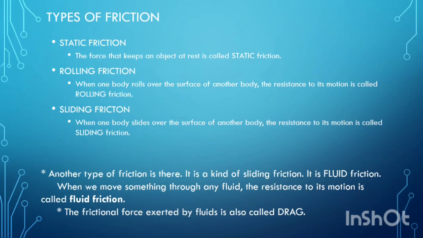The force that the fluid exerts on your hand is called drag. Now, who faces this fluid friction? Actually, faster moving vehicles like rockets, aeroplanes, or MotoGP cars or bikes face this fluid friction.